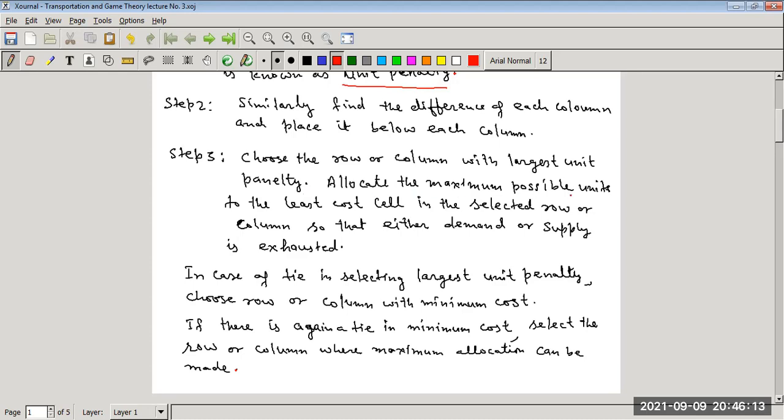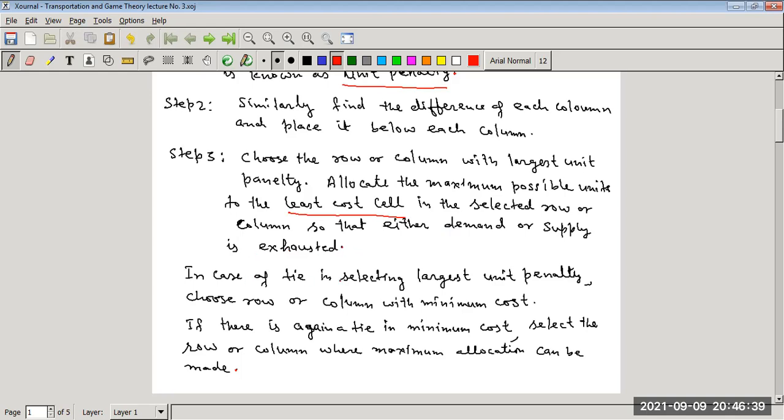Allocate the maximum possible units to the least cost cell. We try to allocate the maximum possible units to that least cost cell in the selected row or column, the one where the per unit cost is the minimum, so that either demand or supply is exhausted.